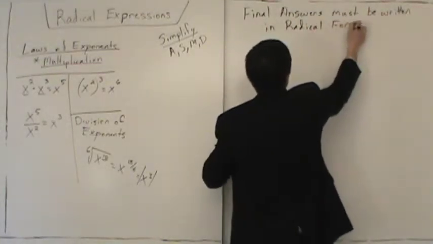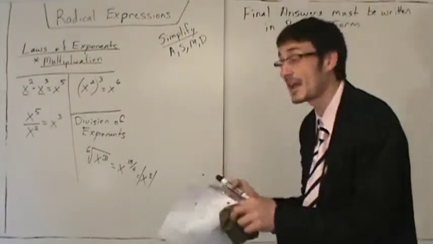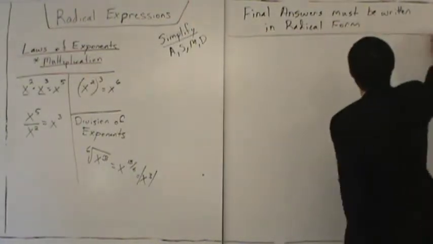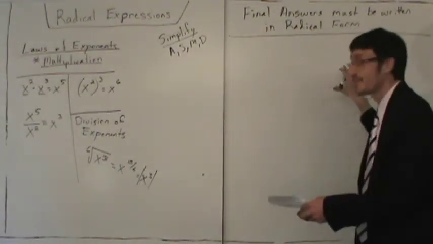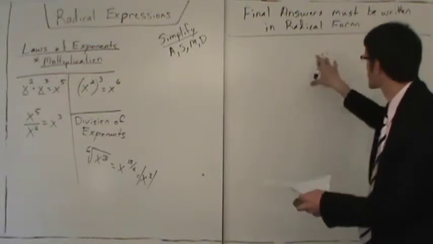Now, if you remember on the snow day video, I talked about 3 forms, the difference between exponential form, radical form, and simplified radical form. So we're going to be identifying these different forms as we go through this lesson.